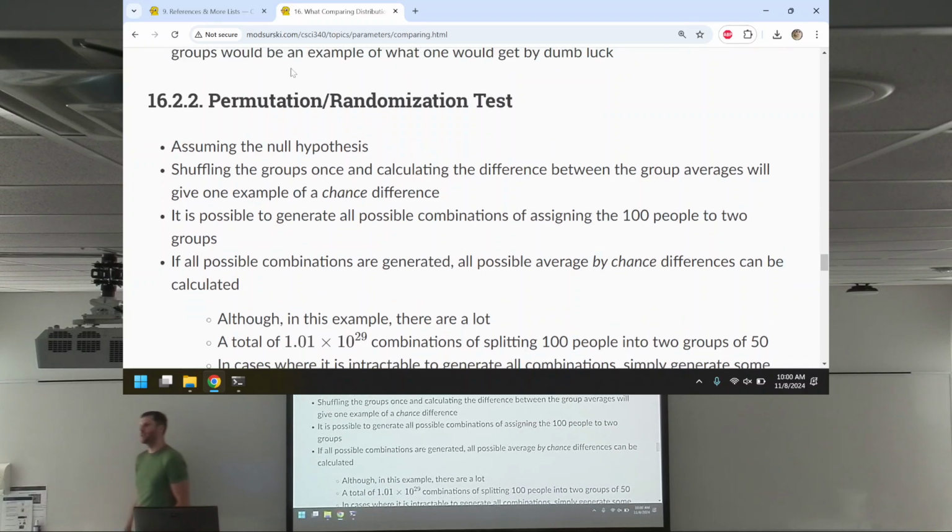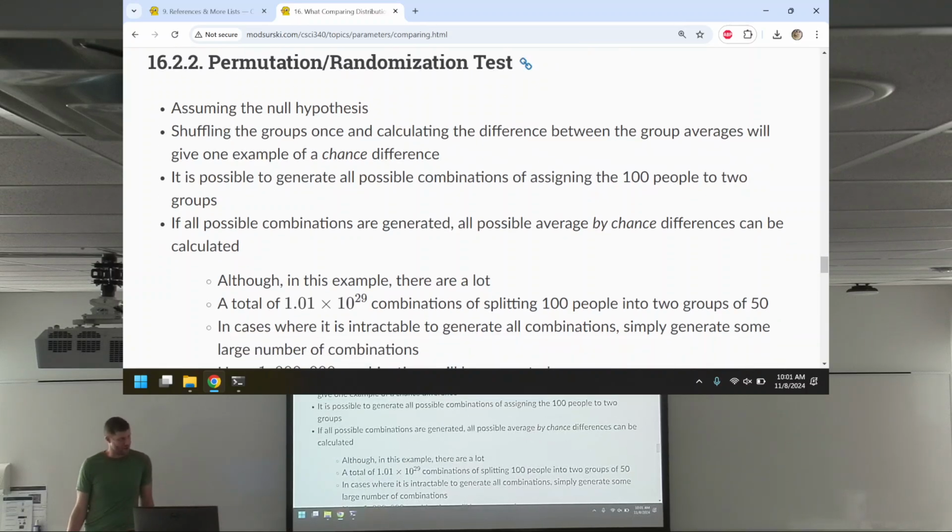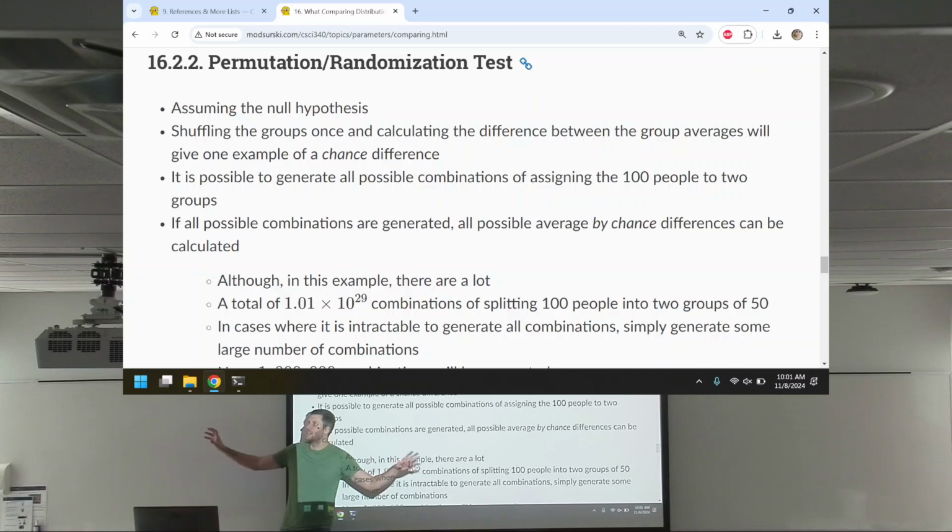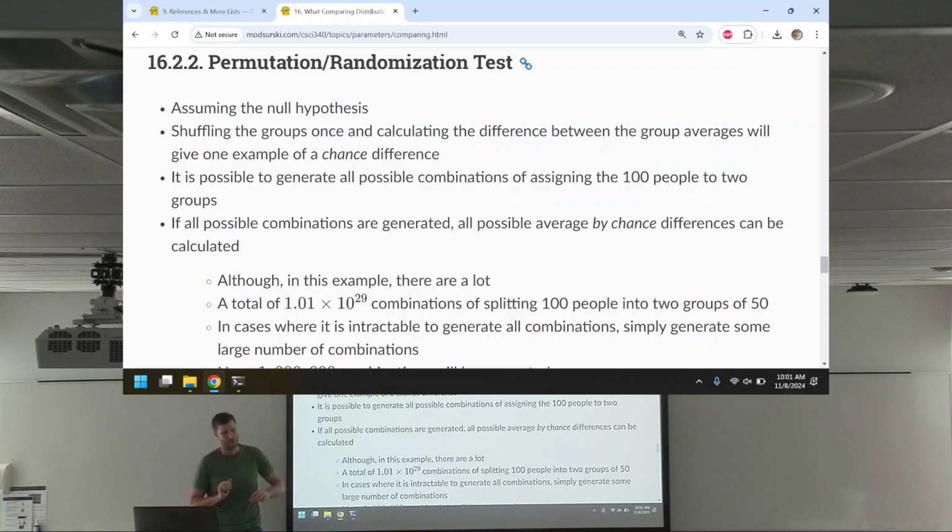This is where we get to the permutation or randomization test. Permutation sometimes is computationally intractable, meaning you ain't going to do it. Randomization is our way to deal with that, which you'll see very shortly makes perfect sense. So assuming the null hypothesis, shuffling the group once and calculating the difference between the group averages will give one example of a chance difference.